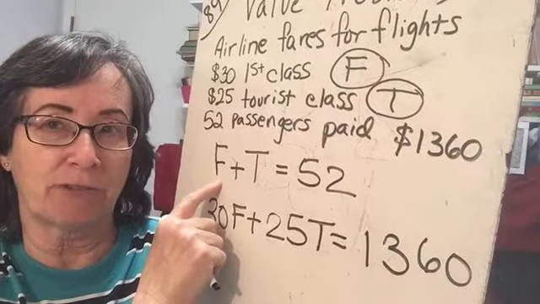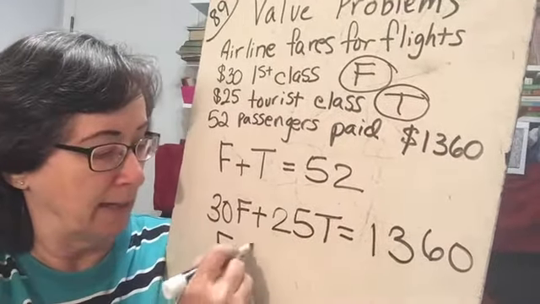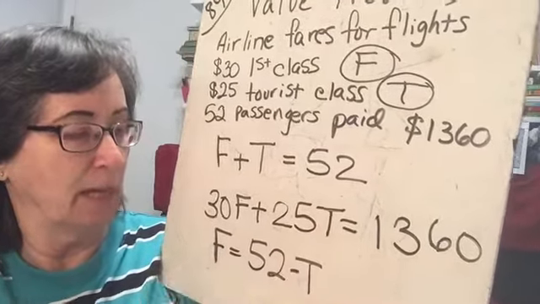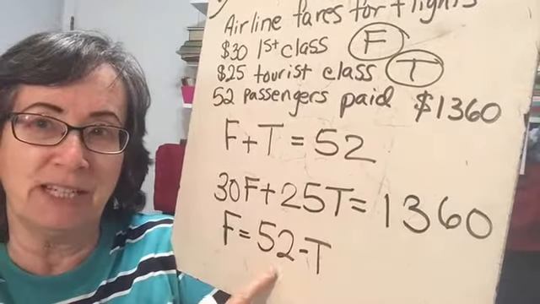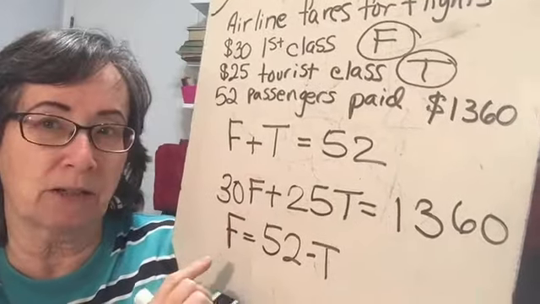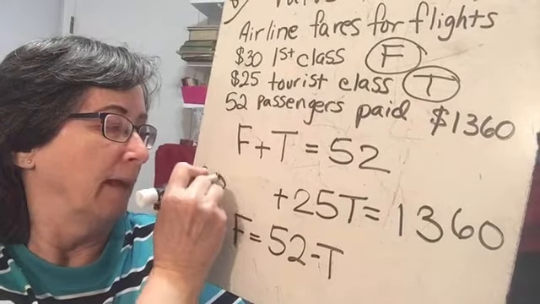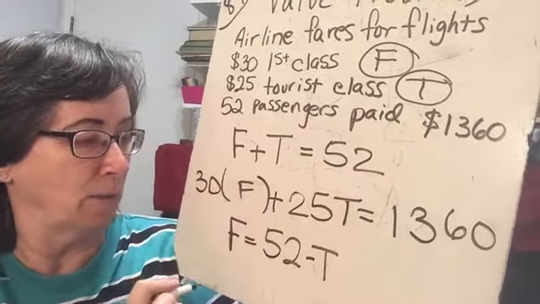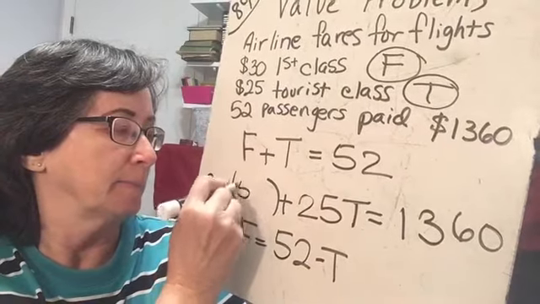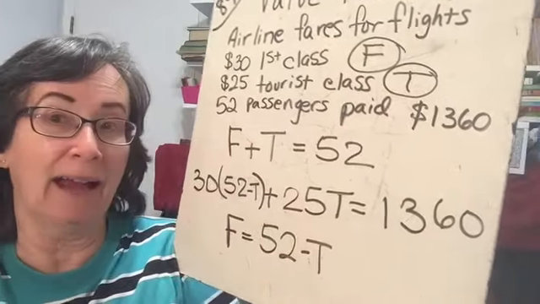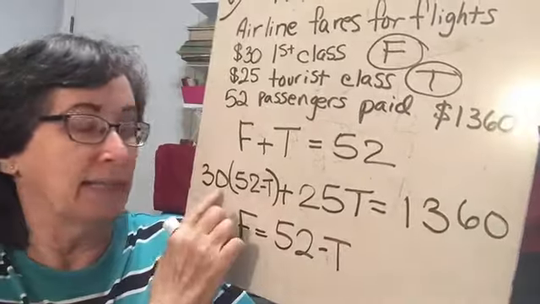Let's take this one and solve it for F. So let's say F equals 52 take away T, 52 minus T. So now I'm going to go through in this equation, and instead of F, I'm going to put 52 minus T. So since my board's a little crowded already, I'm just going to take this 30F off, and instead of the F, which was right there, I'm going to replace the F with 52 minus T. So now I have one equation, but I only have one unknown. The unknown is T. So let's distribute.